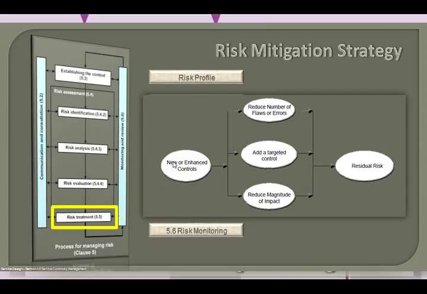Implementation of new or enhanced controls can mitigate risk by one of three primary methods: eliminating some of the system's vulnerabilities, flaws, and weaknesses, thereby reducing the number of possible threat source vulnerability pairs; adding a targeted control to reduce the capacity and motivation of a threat source; or reducing the magnitude of the adverse impacts, for example, limiting the extent of a vulnerability or modifying the nature of the relationship between the IT systems and the organization's mission. The risk remaining after the implementation of new or enhanced controls is the residual risk.